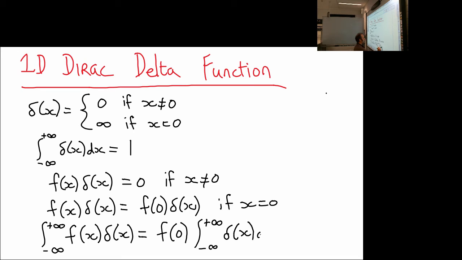We know that that is going to be equal to 1. So now what we just found is this is going to assume the value of our function at x equals 0. Okay, so just to recap, the integral from minus infinity to plus infinity of the product of a function with the delta function will essentially just assume the value of that function at x equals 0.